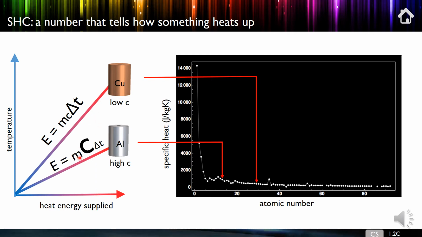The mass is the same in this example. Small specific heat capacity, and mathematically the temperature change is going to be larger. Here we've got a graph that shows atomic number versus specific heat capacity. You can see hydrogen, helium, very high specific heat capacities, and it tails off as we go along.